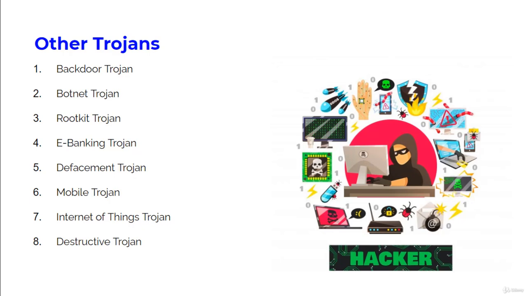A great example of a backdoor Trojan is Poison Ivy. Poison Ivy gives the attacker practically complete control over the infected computer. Once the backdoor is executed, it copies itself to either the Windows folder or the Windows System32 folder.